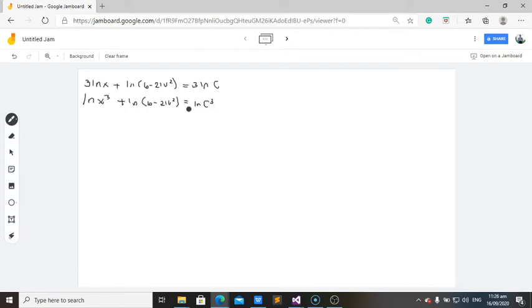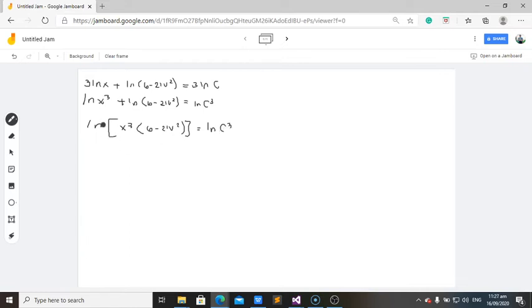From there, we could now simplify it further. So, ln, combine na to. Kay plus man siya, so multiply x cubed times 6 minus 21v squared, equals ln c cubed.